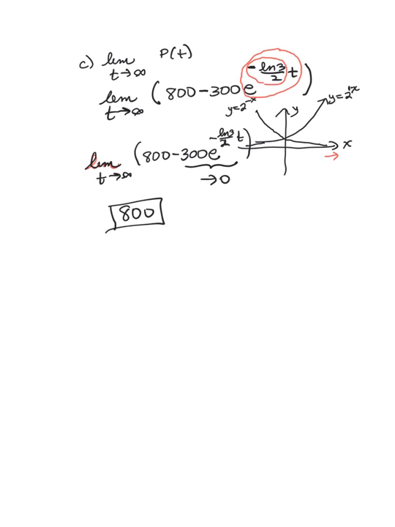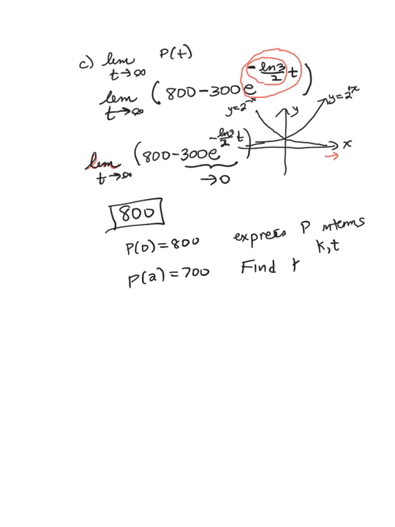Please keep in mind that in such a problem with direct proportionality, we have to have the initial condition, P of 0 equals 800, to express P in terms of k and t. And then we needed another point, P of 2 equals 700, to find the value of k. So these differential equations are a little bit more involved.